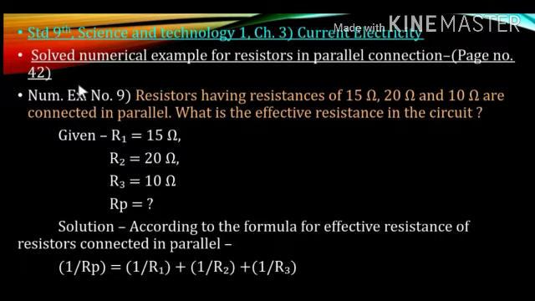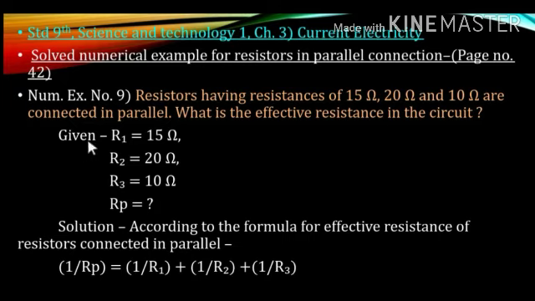Page number 42. Numerical example number 9, that is resistors having resistances of 15 ohm, 20 ohm and 10 ohm are connected in parallel. What is the effective resistance in the circuit?